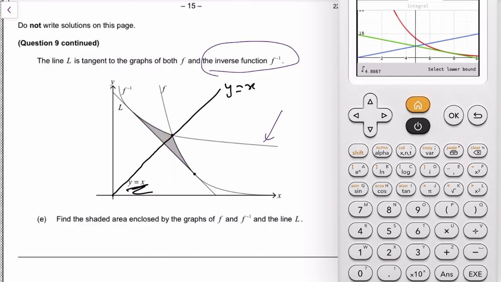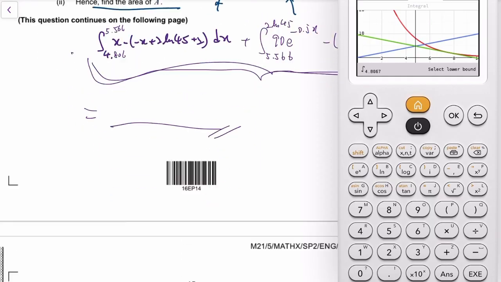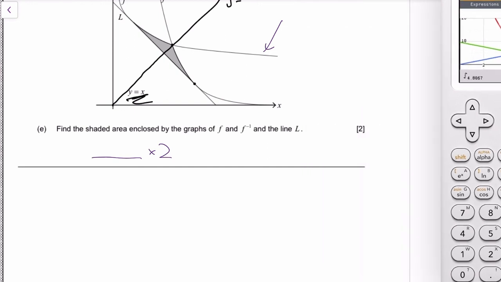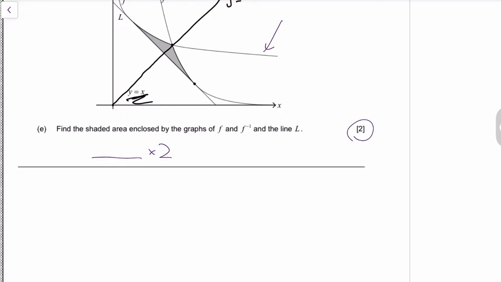So the total area is simply what we found before in part D, i, times 2. Whatever that was, times 2, that will be the answer. You get 2 marks for realizing they are reflections of each other. Now that will be the end of this paper.